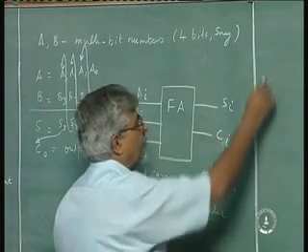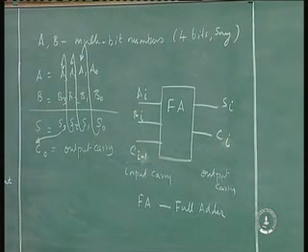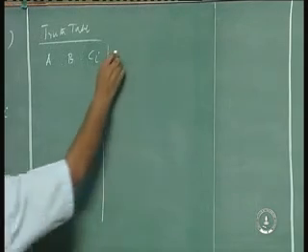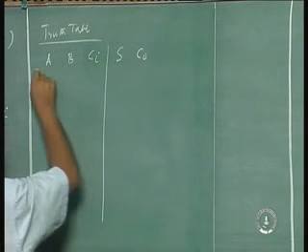So what is the behavior of this full adder? How does it look? Full adder truth table. We'll call the inputs A, B, C input, and the outputs sum and C output.